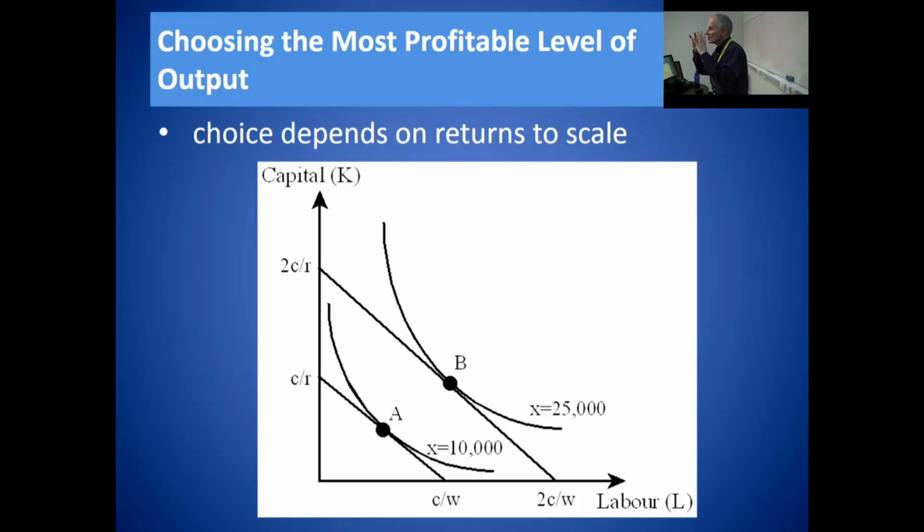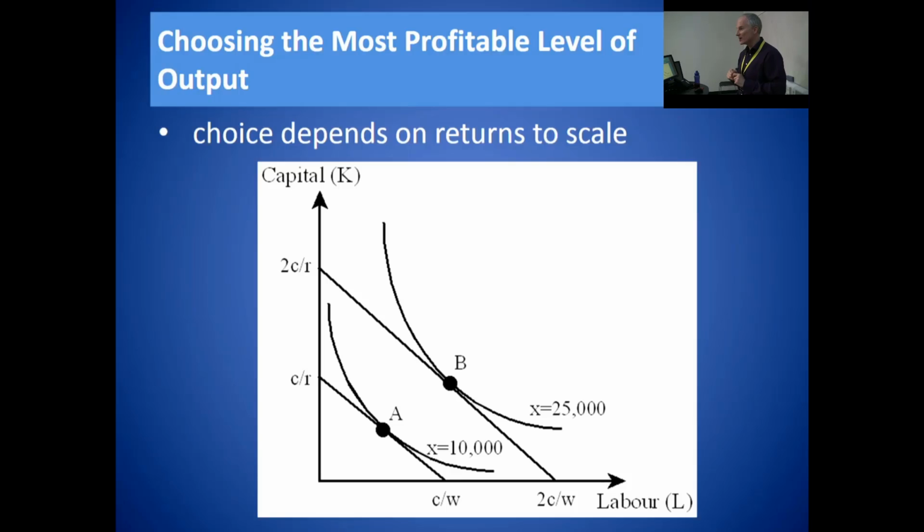It incurs a certain cost C. And remember, this is the diagram we saw previously: the vertical intercept is total cost divided by the price of capital, and the horizontal intercept is total cost divided by the price of labour. So that iso-cost line costs the firm C, and it implies a certain amount of labour and a certain amount of capital.